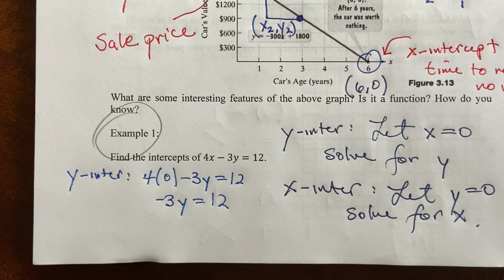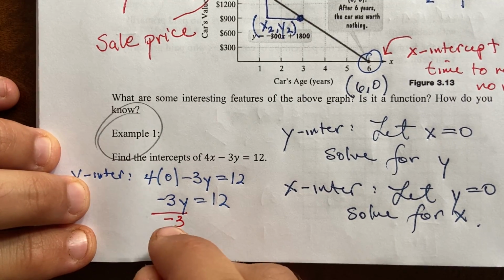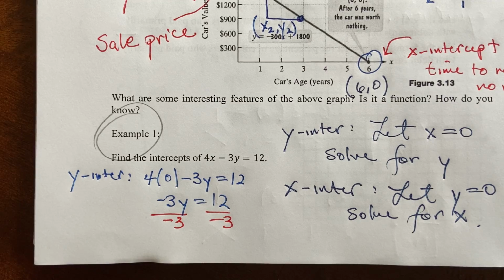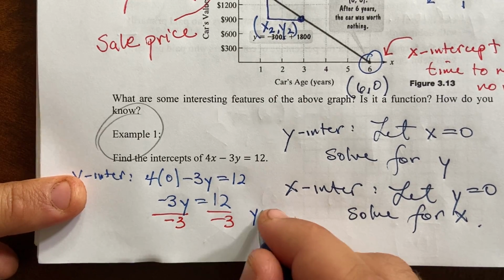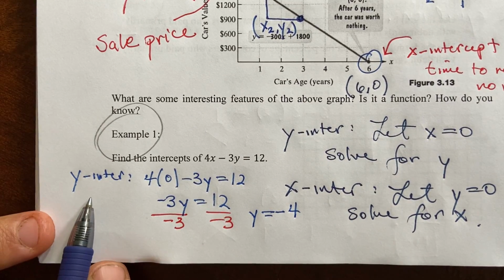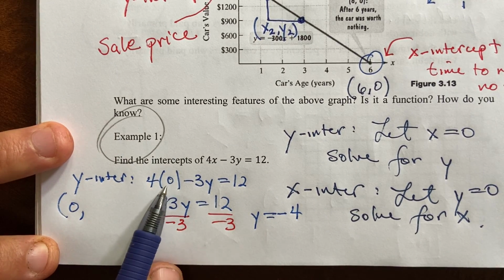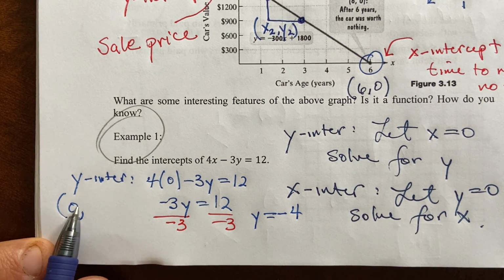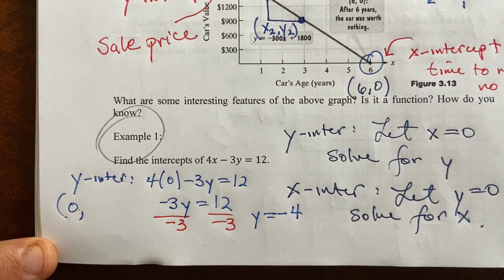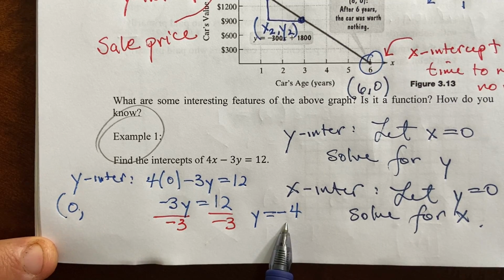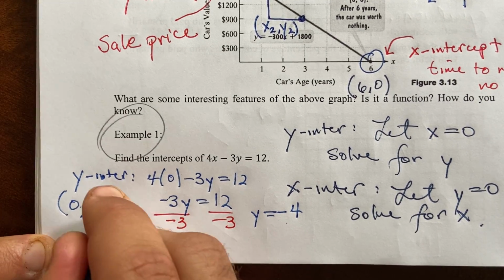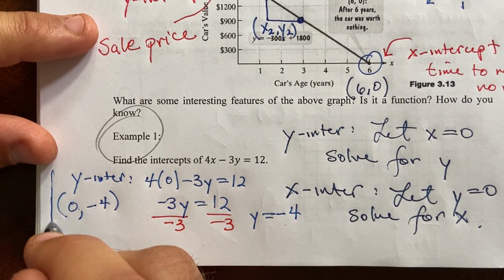The multiplication property of equality says I can divide by this negative 3, and we get y equals negative 4. So the y-intercept would be this point 0, negative 4, because I plugged in a 0 for x. So that's why I'm putting a 0 there for x. And then we calculated that y equals negative 4. So that would be the y-intercept. I'll just make that clear.